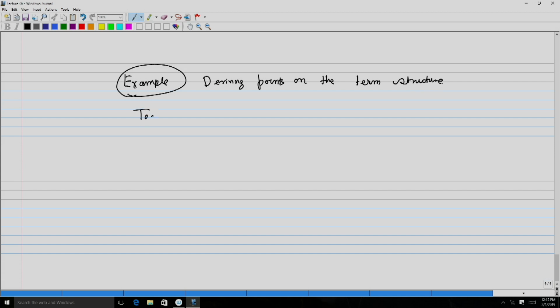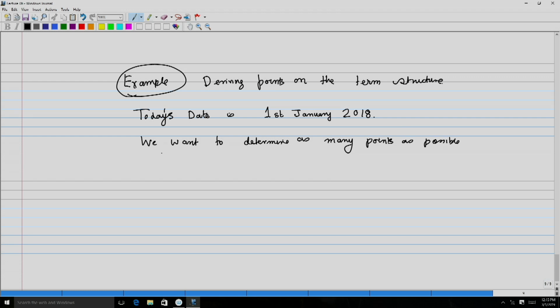So, suppose today's date is 1st January 2018, and we want to determine as many points as possible in today's term structure of interest rates.